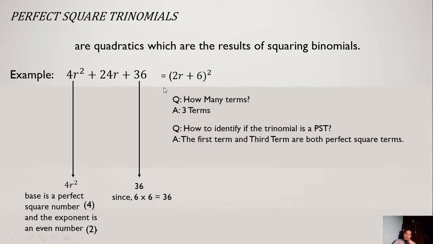Therefore, the third term is also a perfect square term. Now, if the first term and the third term are both perfect squares, then the trinomial is called a perfect square trinomial. Or, when you take the square root of 4r squared, it will give you 2r. If you take the square root of 36, it will give you 6.